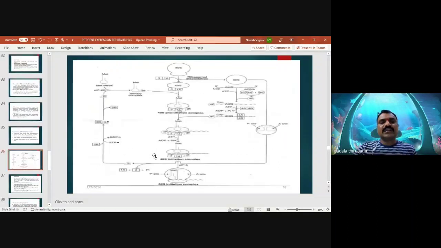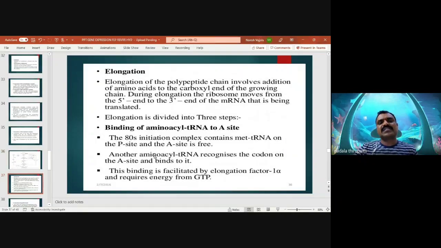Okay, then the second step of translation, that is the elongation. Elongation of the polypeptide chain involves addition of amino acids to the carboxyl end of the growing chain. During elongation, the ribosome moves from the 5' end to the 3' end of the mRNA that is being translated.